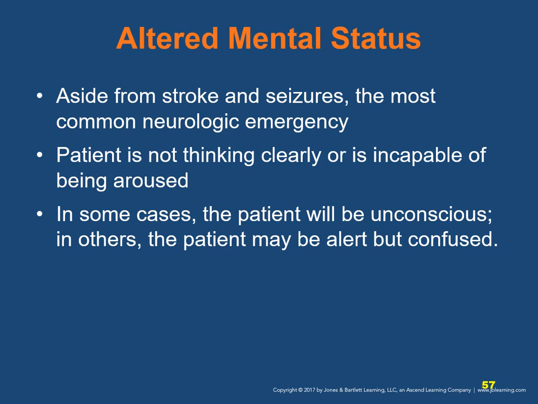Aside from stroke and seizures, the most common type of neurologic emergency that you will encounter is a patient with an altered mental status. The patient is not thinking clearly or is incapable of being aroused, woken up and brought around to responsiveness. In some cases, the patient will be unconscious. In others, the patient may be alert but very confused.